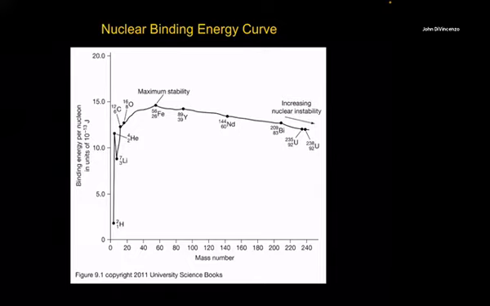This shows nuclear binding energy on the left and the mass number on the right. And there is a point of maximum stability here, and that's iron-56. I believe that is the highest weight element that is formed in the actual nuclear processes of stars.